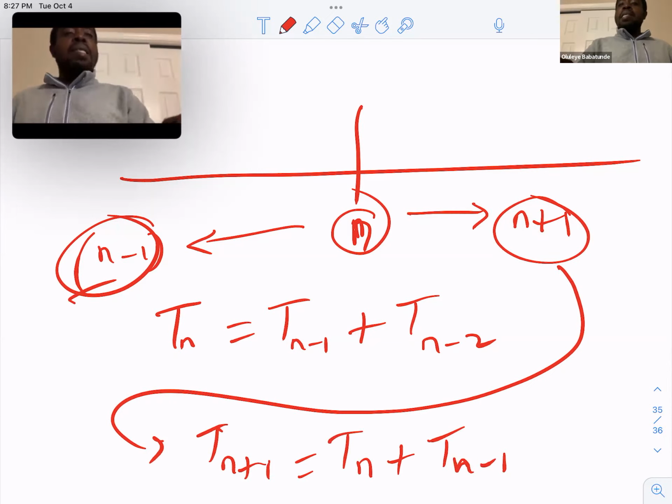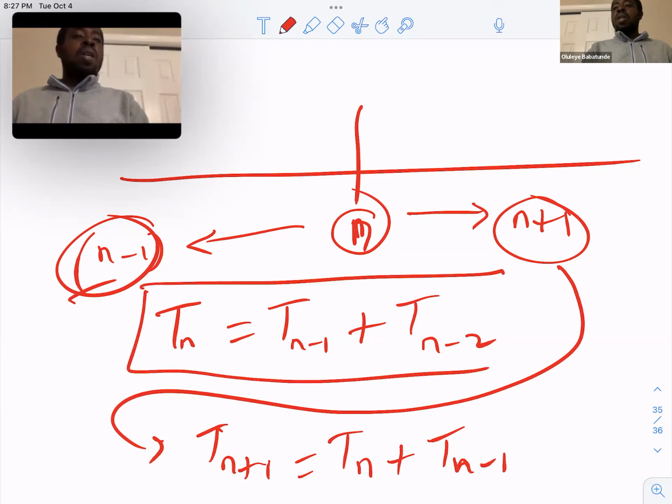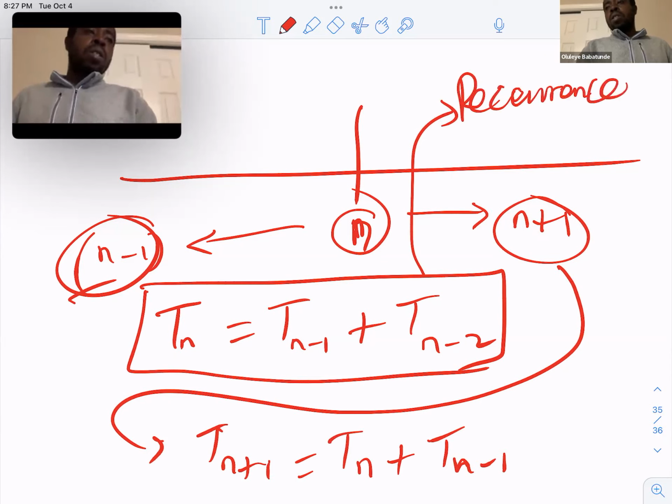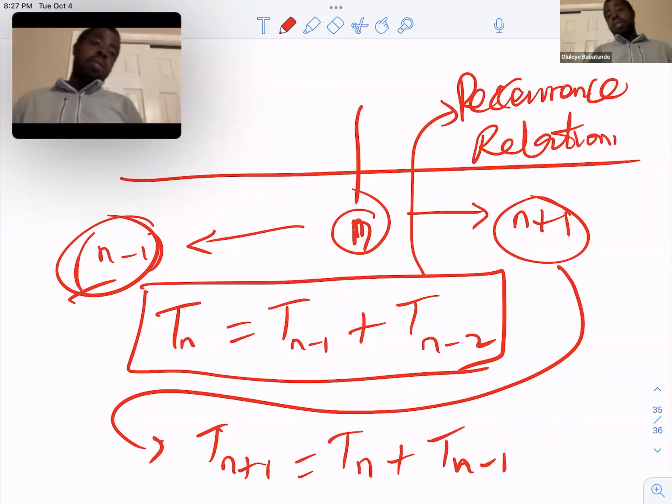Something like this is called recurrence relation. There are a lot of them. I have some examples I've written down here.